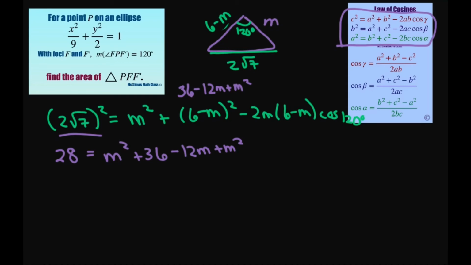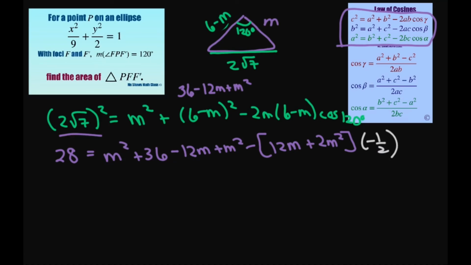Then we take this piece minus, this piece is going to be 12M minus 2M squared times cos of 120. Now that's going to be negative 1/2, so I'm just going to put negative 1/2 here.